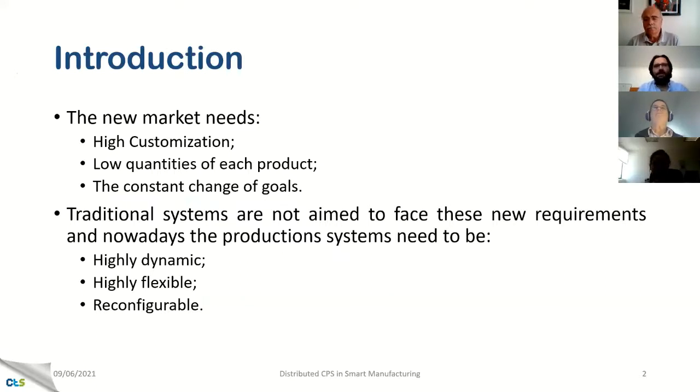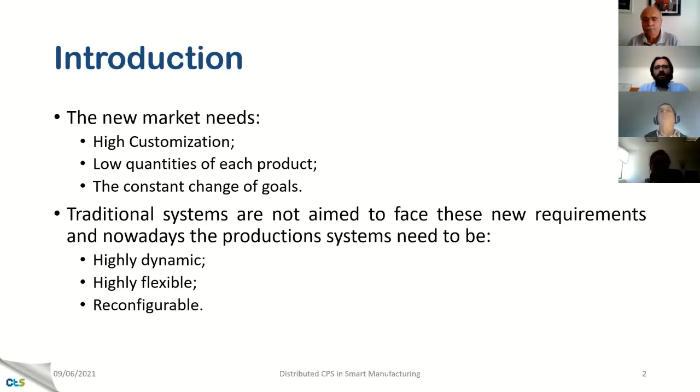Although I will visit this slide again at the end of the presentation, because this research topic started some years ago with the main idea of dealing with new market needs for the companies, such as the demand for highly customized products, small batches, and constant change of goals.